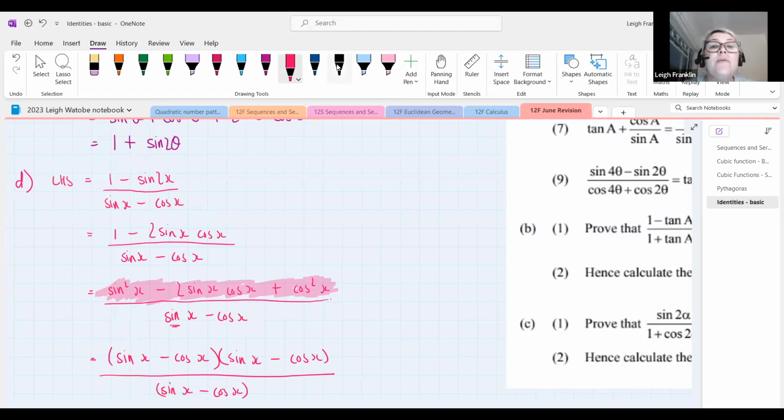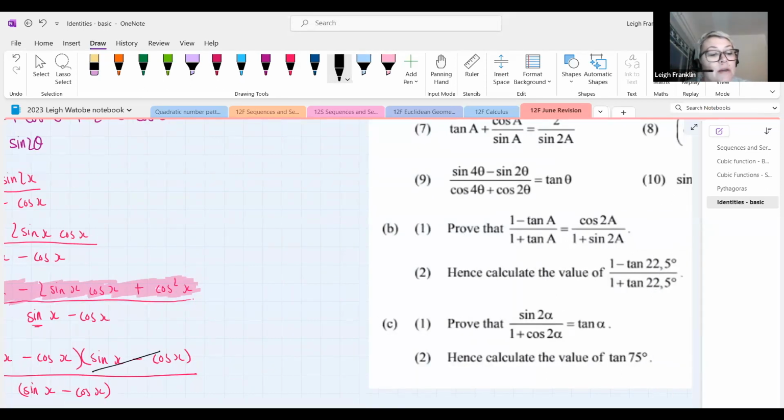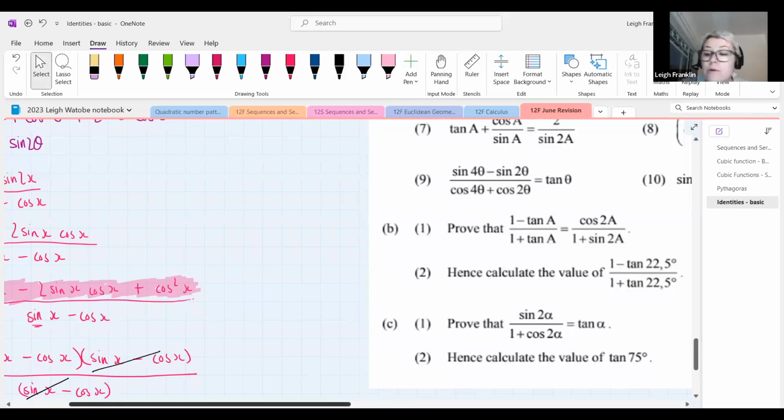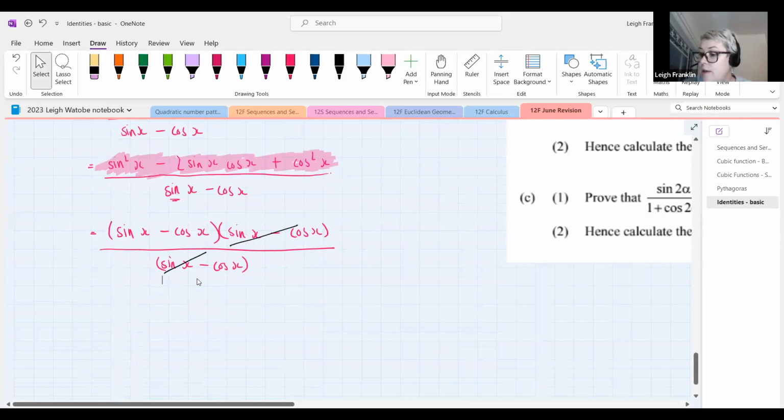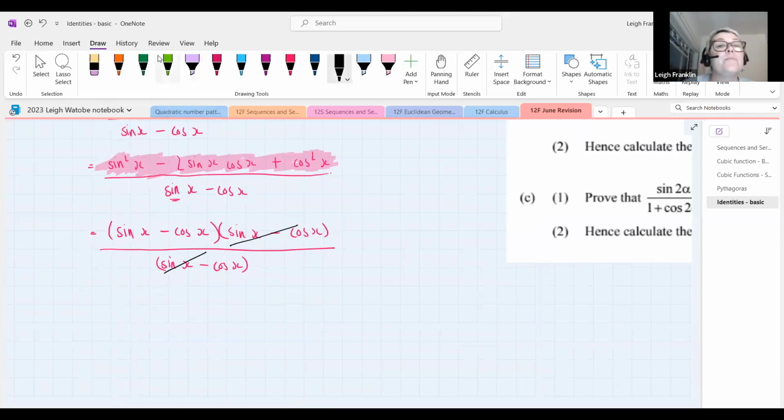Now that I have factorized, now and only now, can I cancel something at the top with something at the bottom. We've got the sine x minus cos x equal to our right-hand side that we wanted.